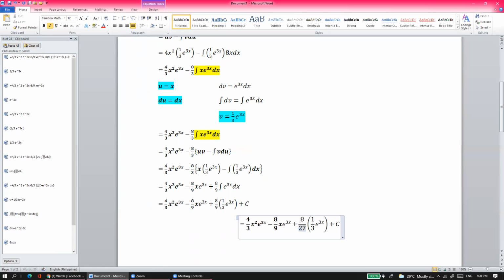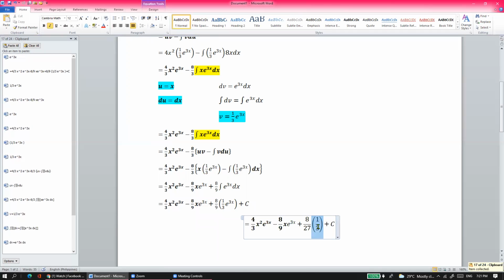And then, 8/27. Multiply na yung 1/3, no? Ito na lang yung i-cut ko. And then, paste. And I think this is already our final answer in this given problem.